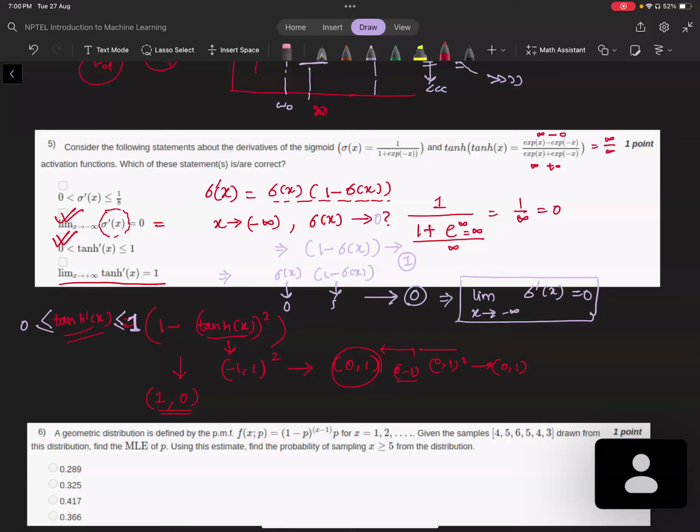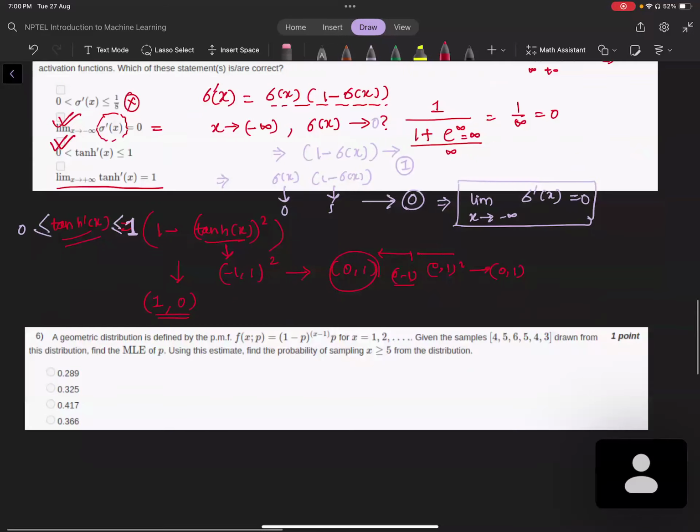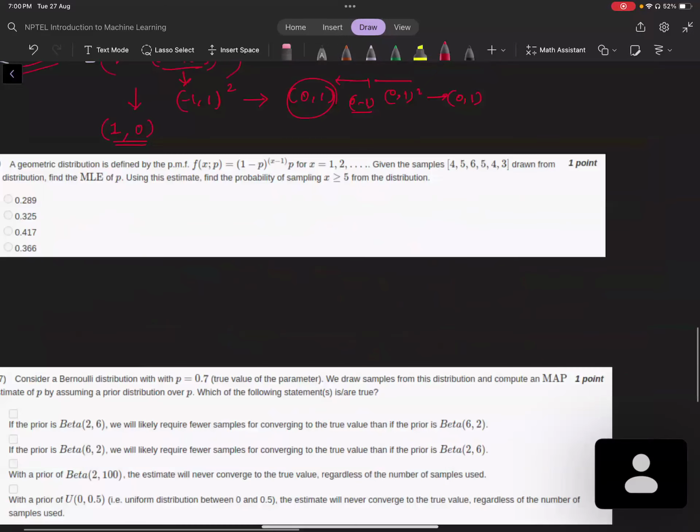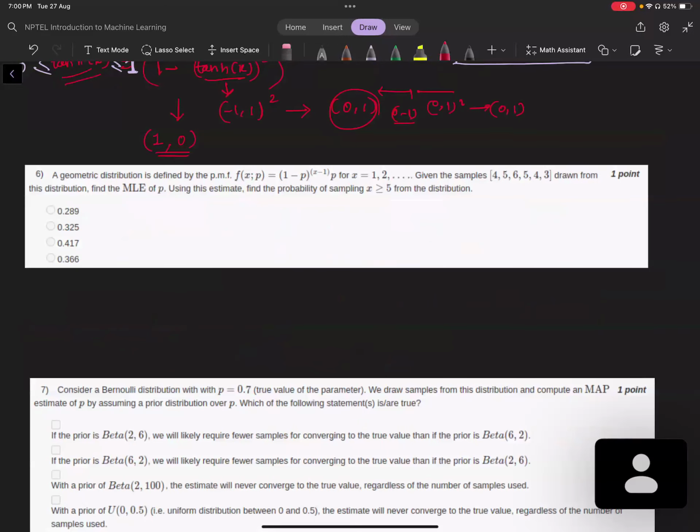It will be infinity by infinity, not defined. It will not tend to 1. Similarly, this is also not correct. You can cross it. We'll move to the next question.